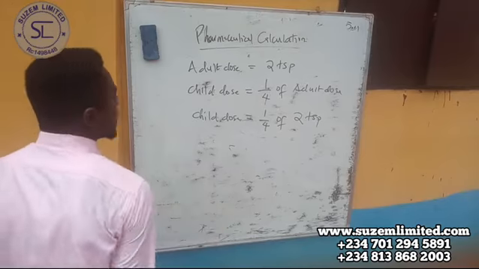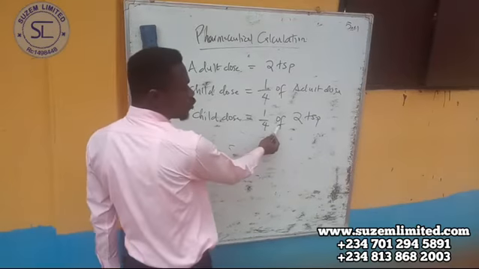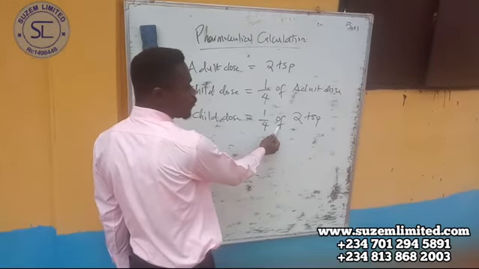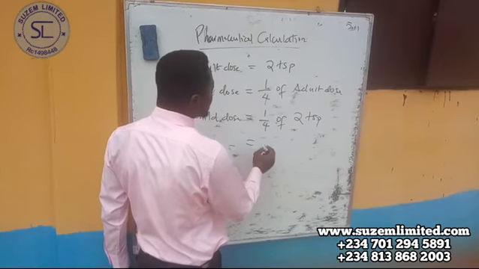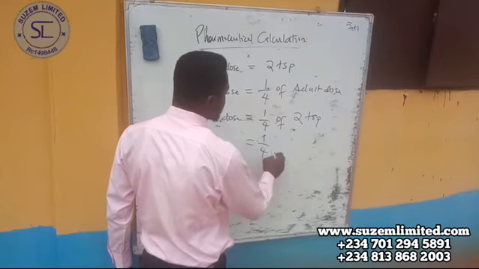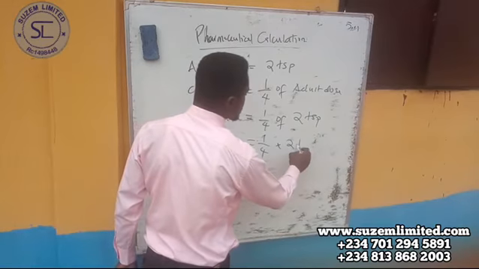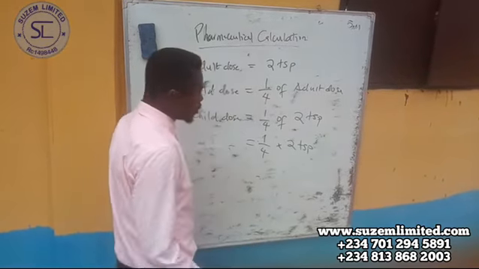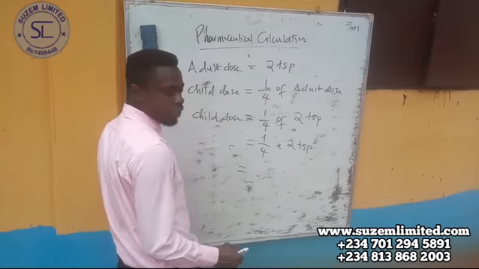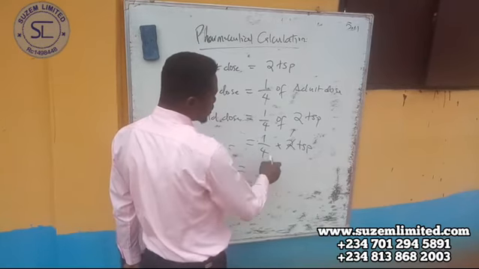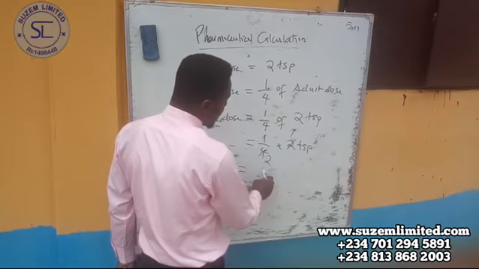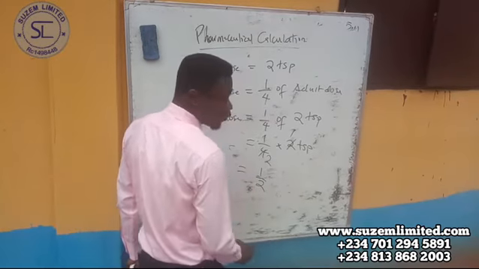With that, remember, we can replace "of" with what? Times. Multiplication, right? Yes. So that means the child dose is 1/4 times what? 2 what? Teaspoonful. 2 will go here, 1, 2 go here. So we now have what? Half, 1/2.